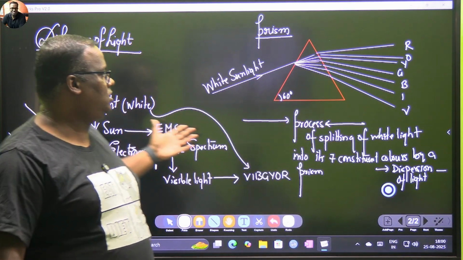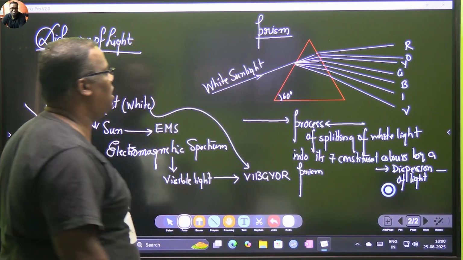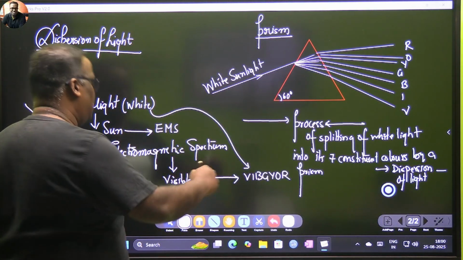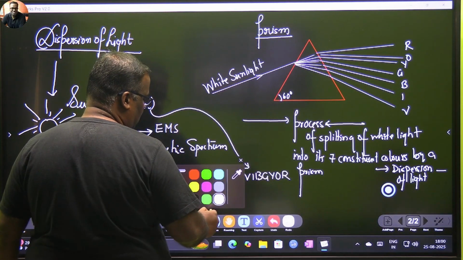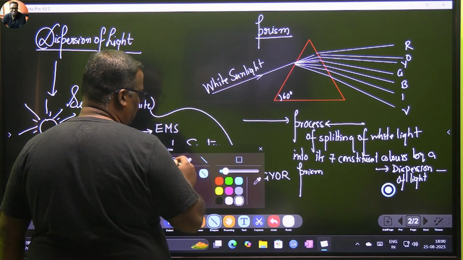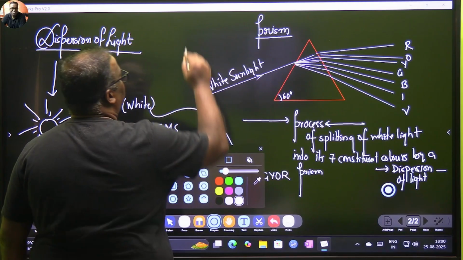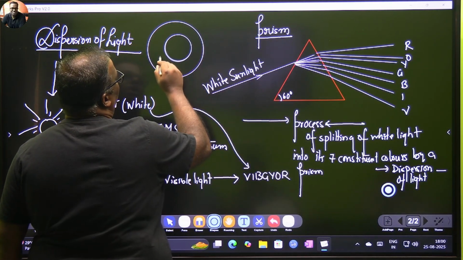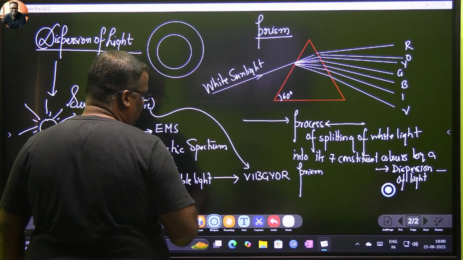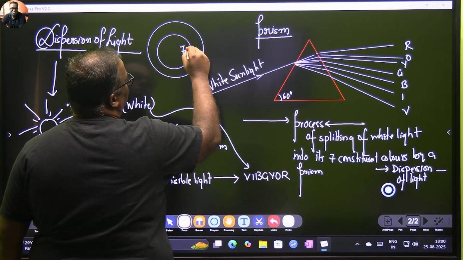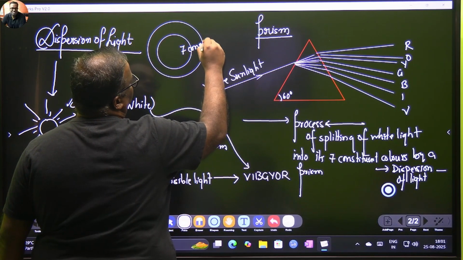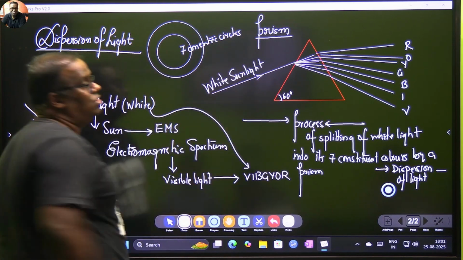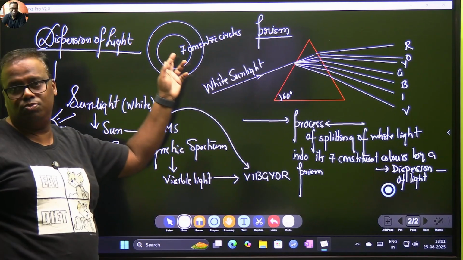Based on this, there is another interesting thing which is known as Newton's colored wheel. Have you seen the colored wheel? You can actually create a colored wheel, and this wheel will have 7 concentric circles, and the seven concentric circles will have the 7 colors within their rays.